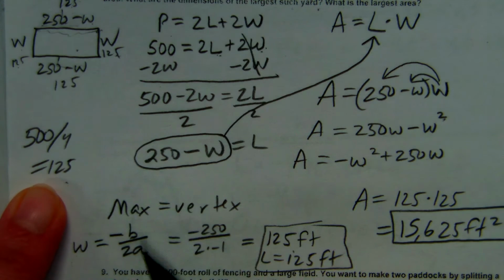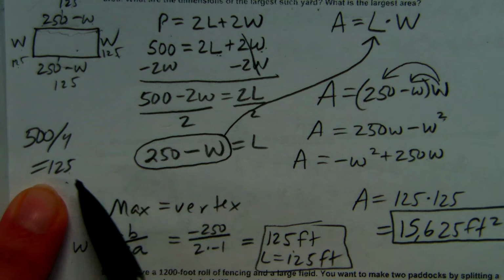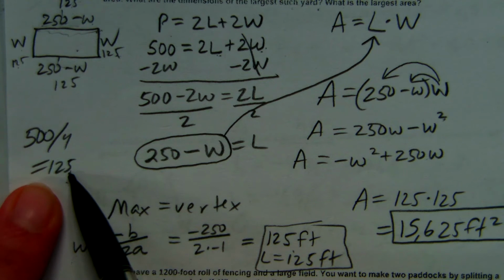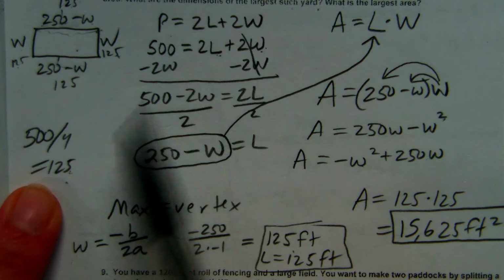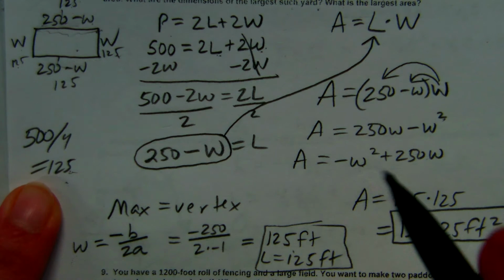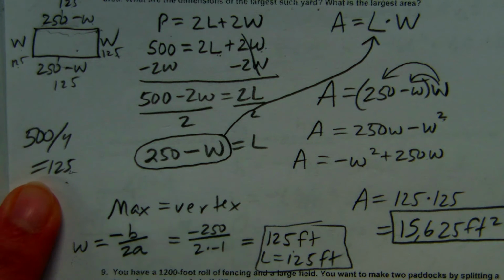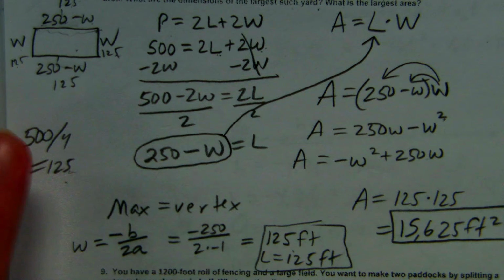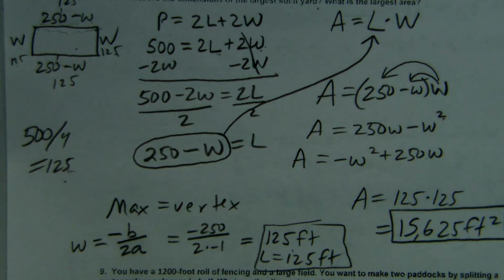So you can always work it out this way. But if you get in your brain that the maximum area always comes from a square, you can take that fencing and just divide it by 4 on all sides, and then it becomes a little bit more fast and easy. And that's one of those tricks that shows up that people study when they're getting ready for the ACT, the SAT, any of these college prep type things.